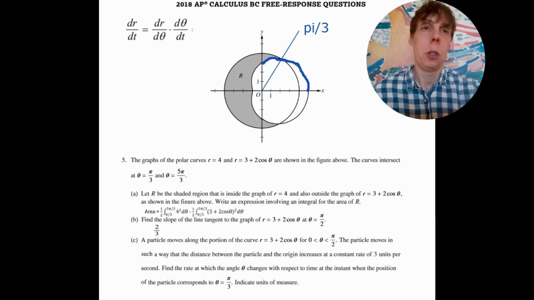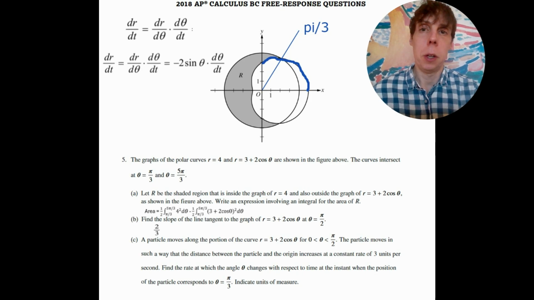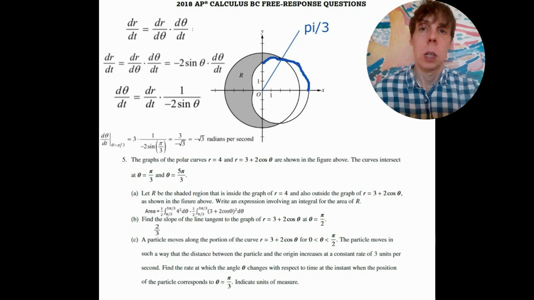We can then set dr over dt equal to dr over d theta times d theta over dt and plug in the values we know. Specifically, the derivative of the cardioid is negative 2 sine theta at the point pi over 3, and the value of dr over dt is 3. Using algebra, we can solve for d theta over dt as negative square root of 3.